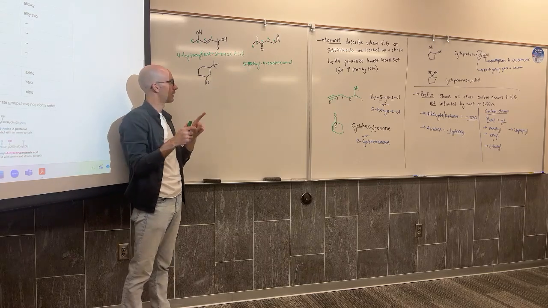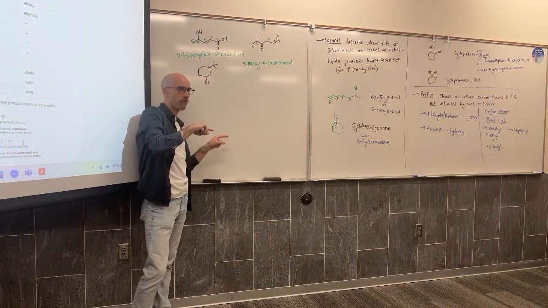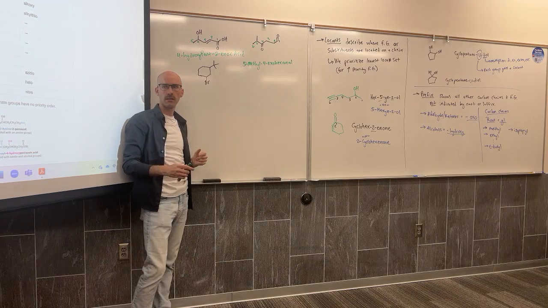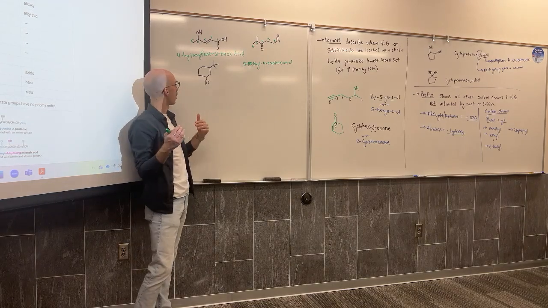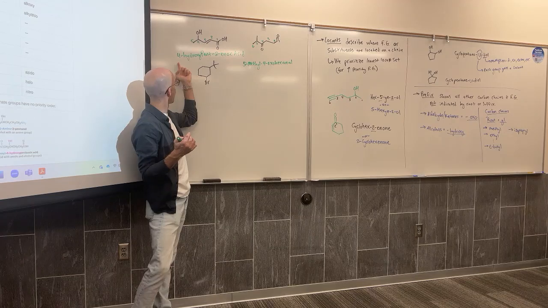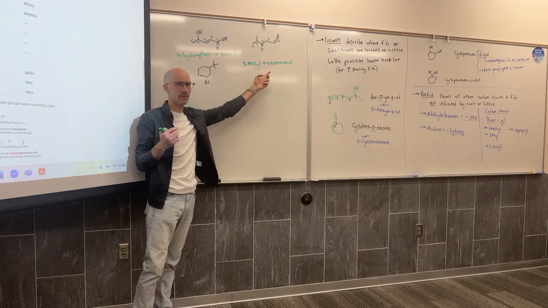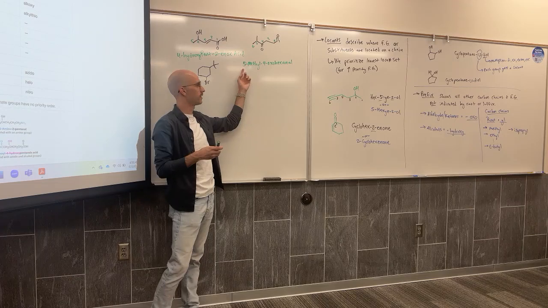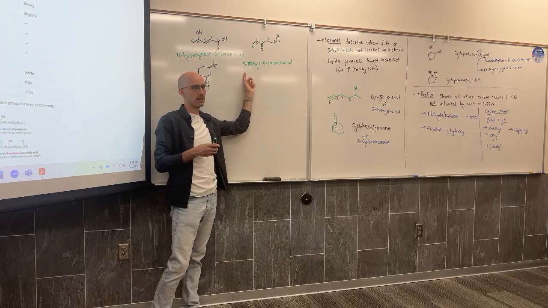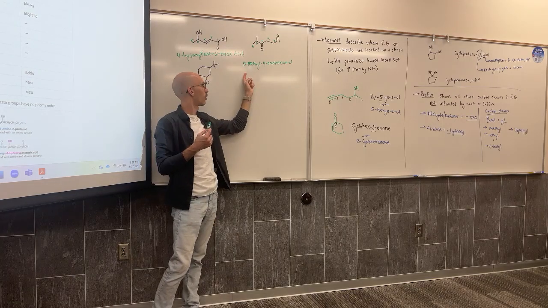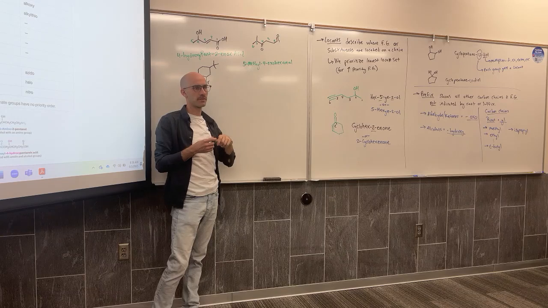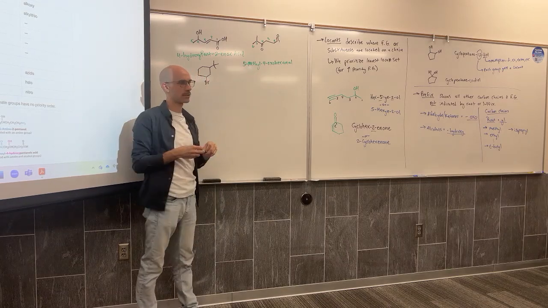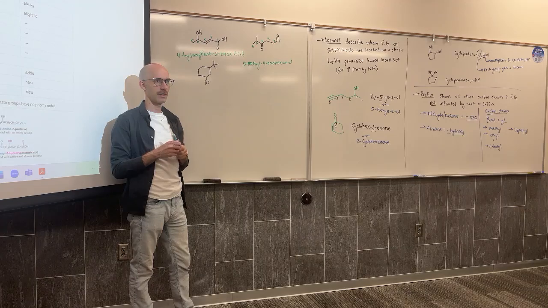Can someone remind me, why am I not doing 4, 5 hexanal? Do we always list our locants from highest number to lowest number? That's totally random. It all depends on the alphabetical order of the groups themselves. Methyl comes before oxo, so I've got 5-methyl, 4-oxo, hexanal. All right?